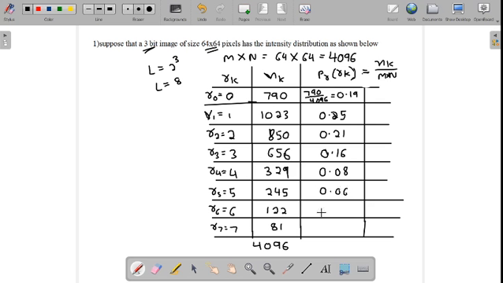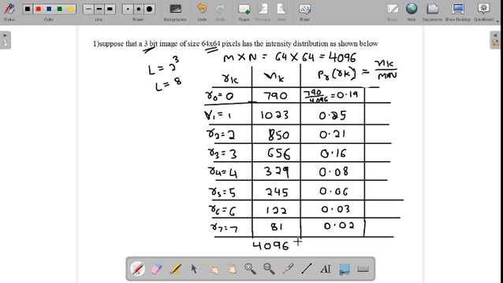Next 0.03. Next 0.02. Now we have got the probability of the samples and the samples.